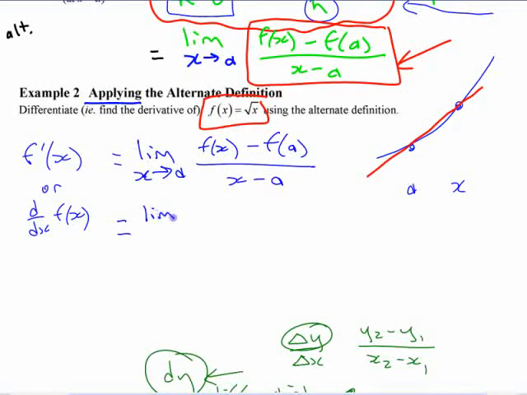So filling in the specific function, you got root x minus root a. x is the point that we're moving. a is the point we want the derivative at.